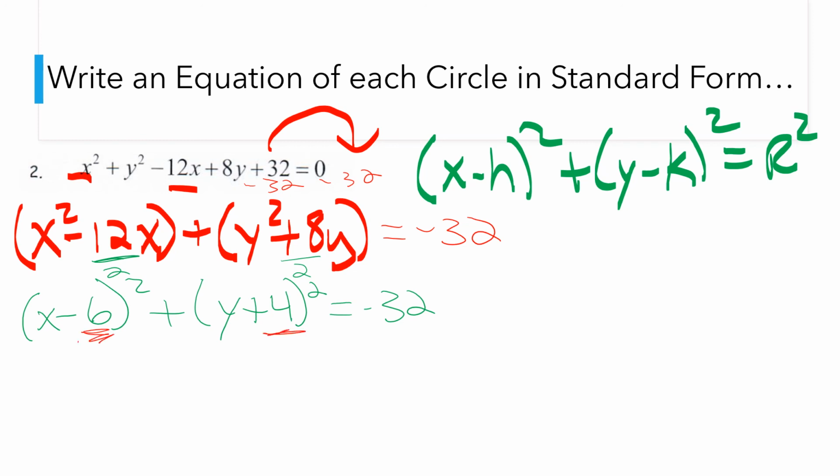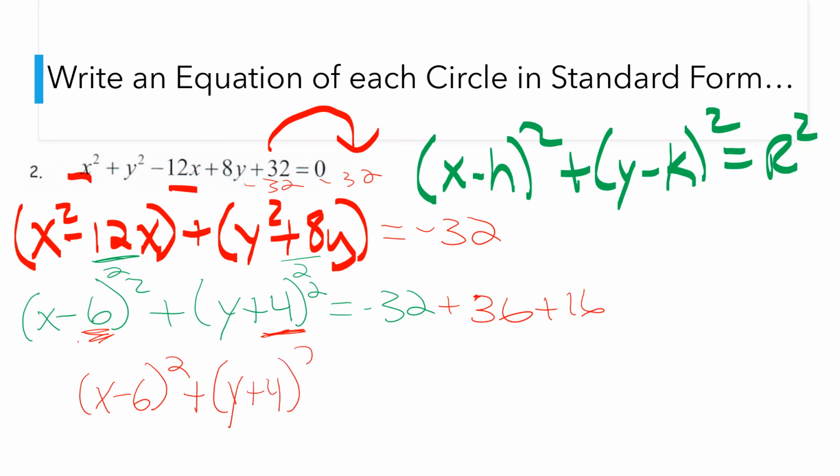So negative 6 squared is 36, and 4 squared is 16. So we end up with x minus 6 squared plus y plus 4 squared equals 420. That's my answer.